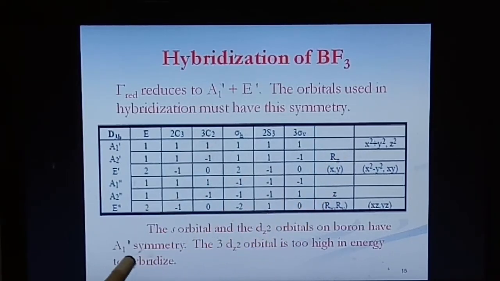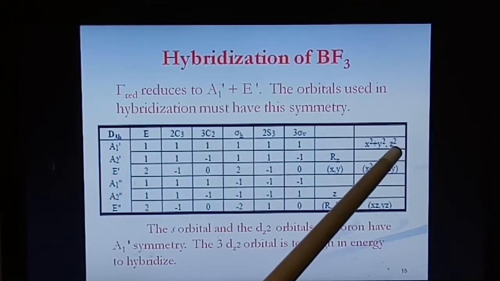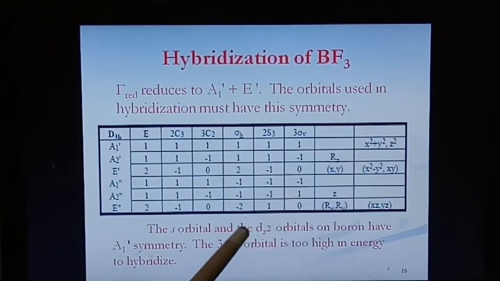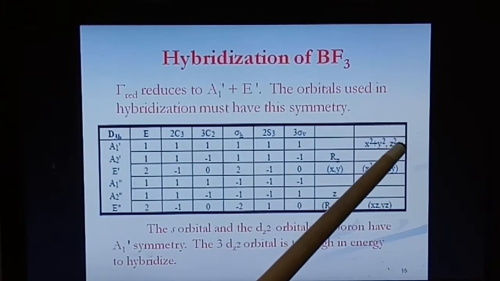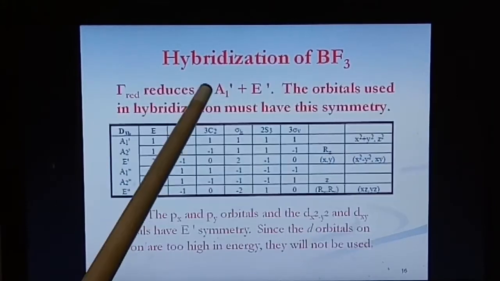So in this A1' symmetry, these orbitals are used. The 3dz² orbital is too high in energy to hybridize, so the dz² orbital will not take part in the hybridization.